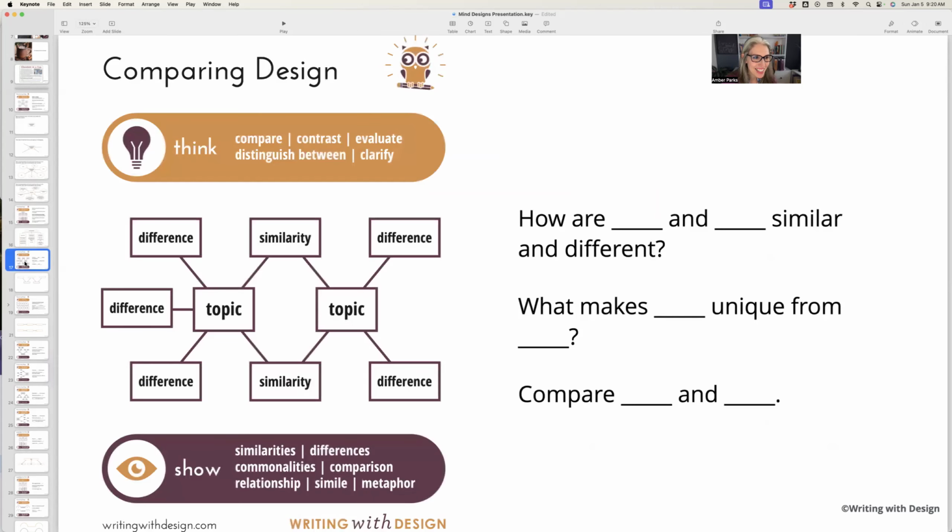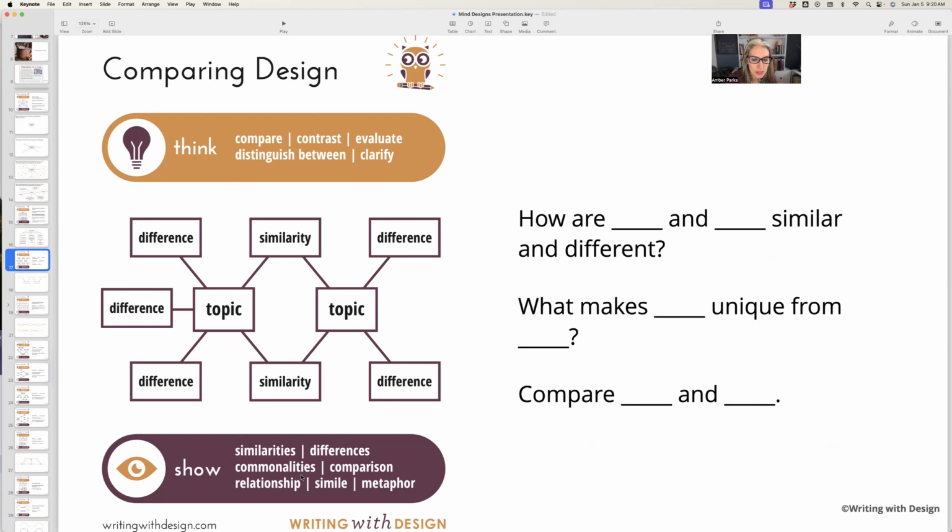Okay, our next design is the comparing design, and this one takes a look at how something is similar and different to something else. So look at all your think words here to compare. Sometimes people say compare and contrast, or sometimes they just say compare. That actually means to tell the similarities and differences. But maybe they want to evaluate or distinguish between.